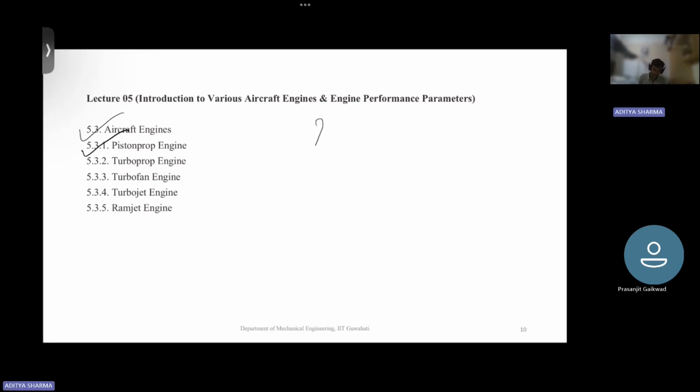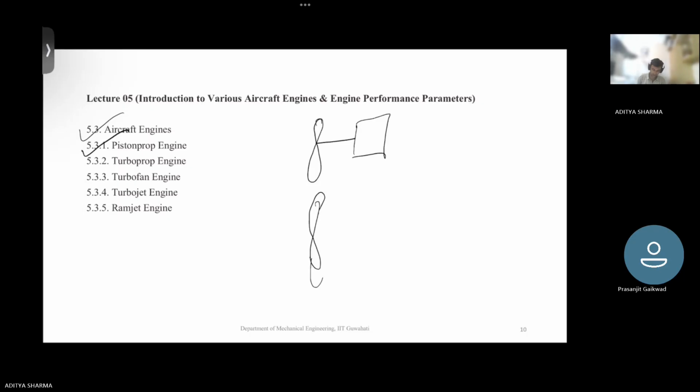Here we have one propeller, and this is somehow connected to your piston engine. So this is piston prop. Turboprop is where you will have a propeller, but here you'll have some turbine arrangement, by means of which your propeller will run. So this is basically your turboprop.